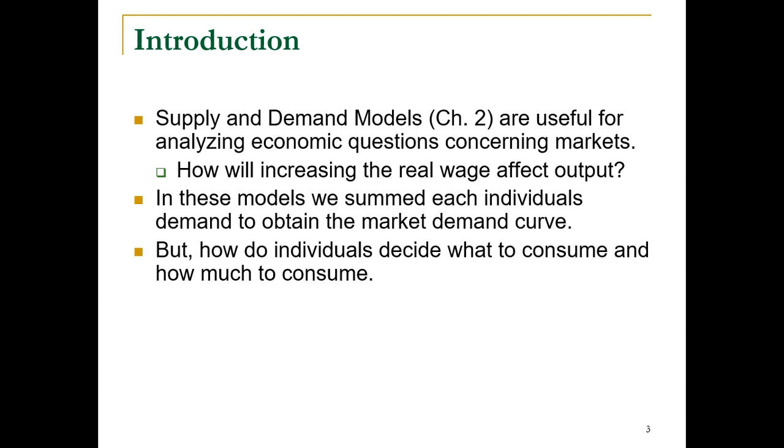So we did demand and supply. We looked at what demand is, and also what quantity demanded is. We looked at supply and what quantity supplied is. We also looked at the determinants of demand and the determinants of supply.